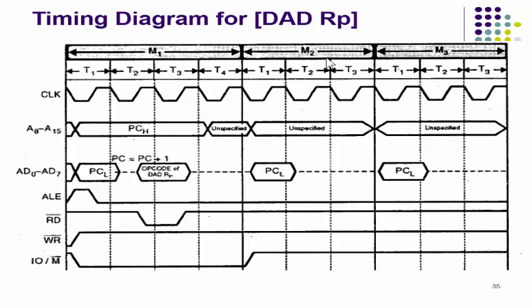There is no change in ALE, read bar, write bar, and here IO/M bar is made high. After the completion of the double addition operation, or after the 3rd machine cycle, the processor jumps to the next instruction cycle.